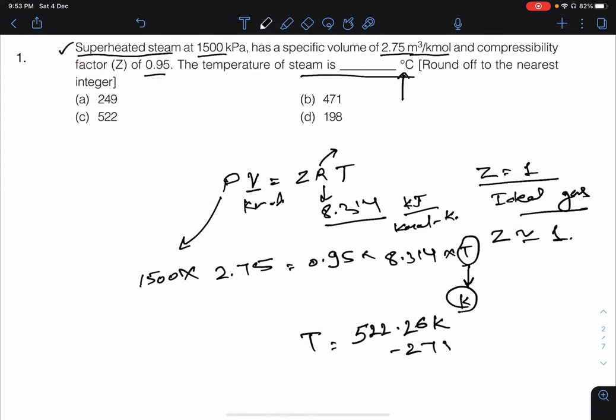So minus 273 we will do to convert it into degrees Celsius, that is 249. So the correct answer is A.